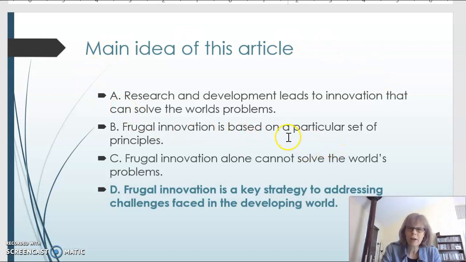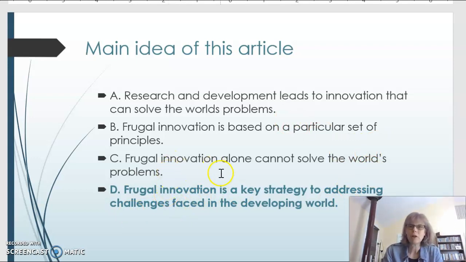This one, frugal innovation is based on a particular set of principles. That's true, but it's not the main idea, right? They want to explain frugal innovation because they want us to understand its power. They want us to understand what it's capable of. It's a key strategy. It can address the world's challenges.